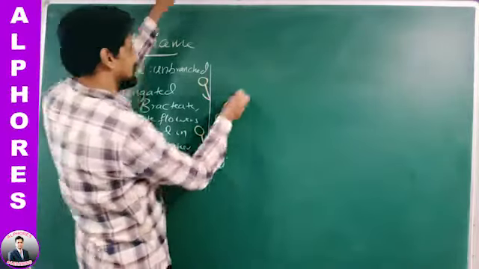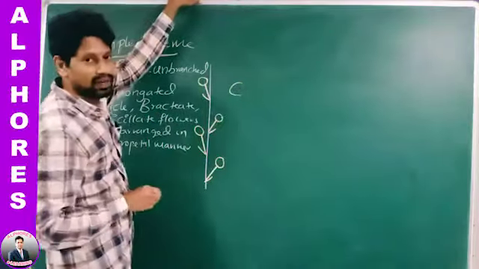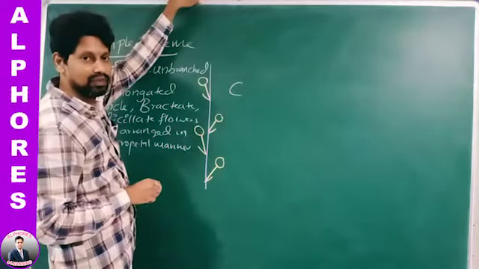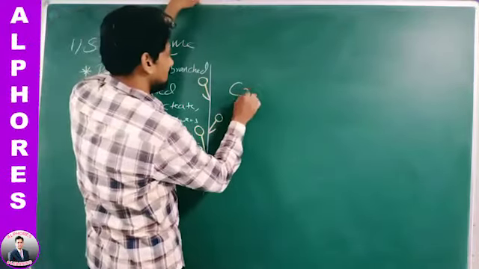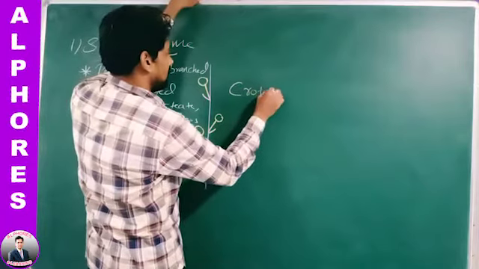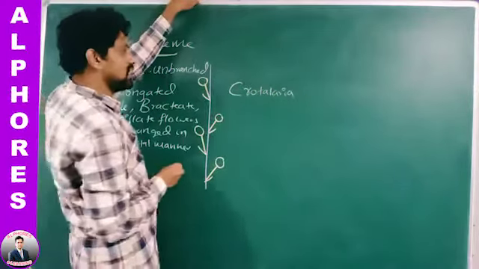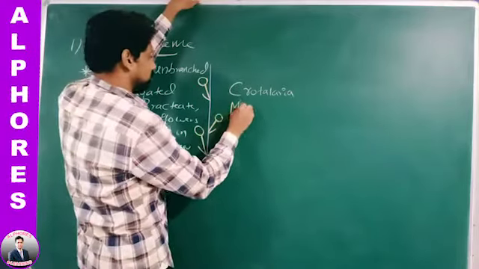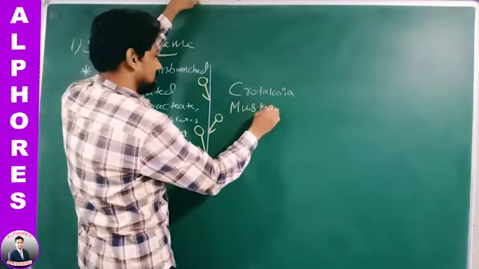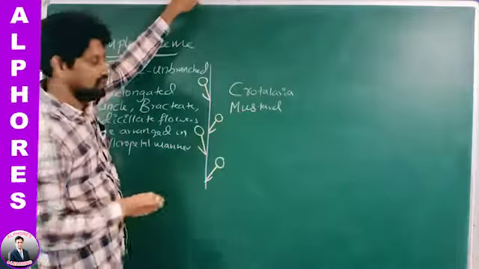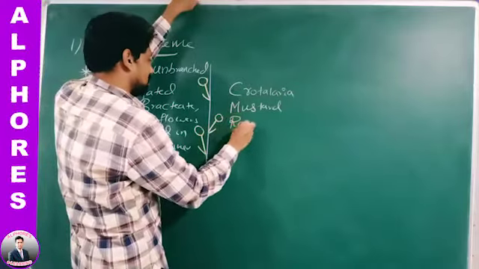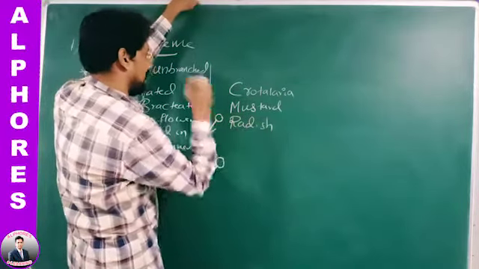Right, sir. Examples for simple raceme I am writing. The first one is crotalaria. The second one is mustard. The third one is radish.